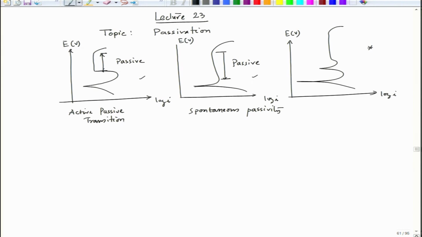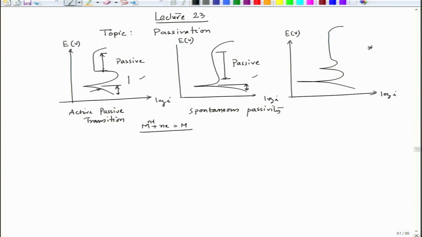And in both the cases we could see the passive region when we go into the anodic polarization side, because if we take this particular portion as well as this particular portion, in both the cases metal is actually depositing, cathodic reaction is taking place.